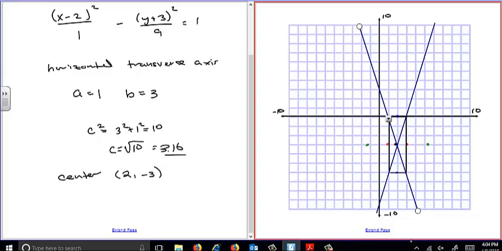So we have this horizontal transverse axis, so it's going to flare out this way. And you start at the vertex, one vertex, and be outside the box, and then go up and approach the asymptote, and you go down and approach the asymptote.